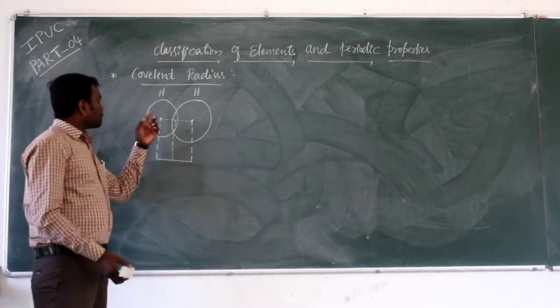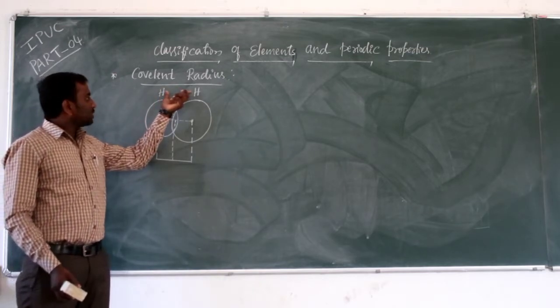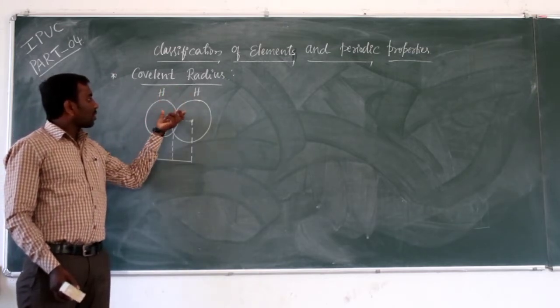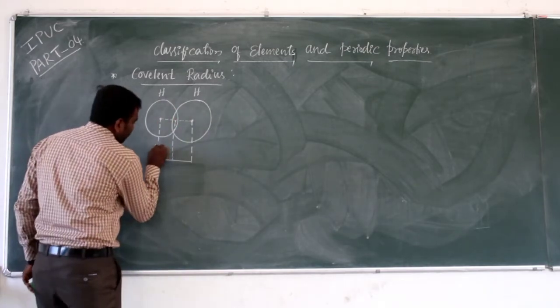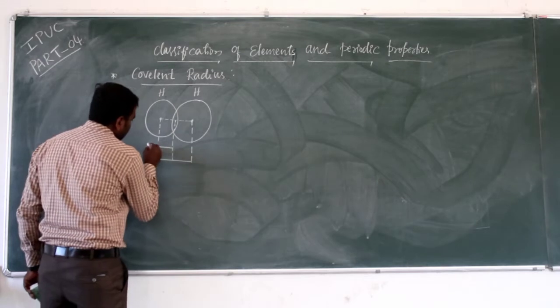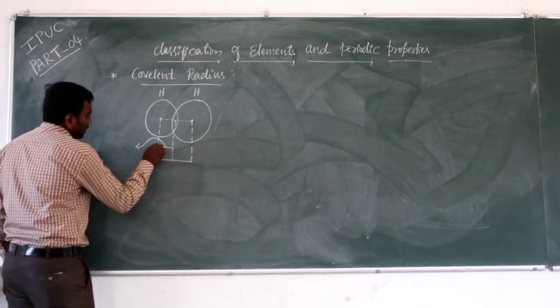See, consider two hydrogen atoms. These two hydrogen atoms overlap each other. See, this is the covalent radius.